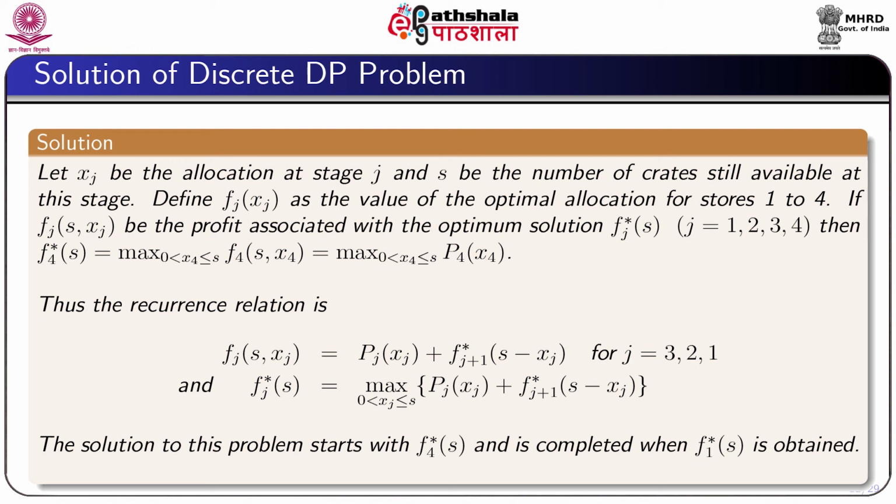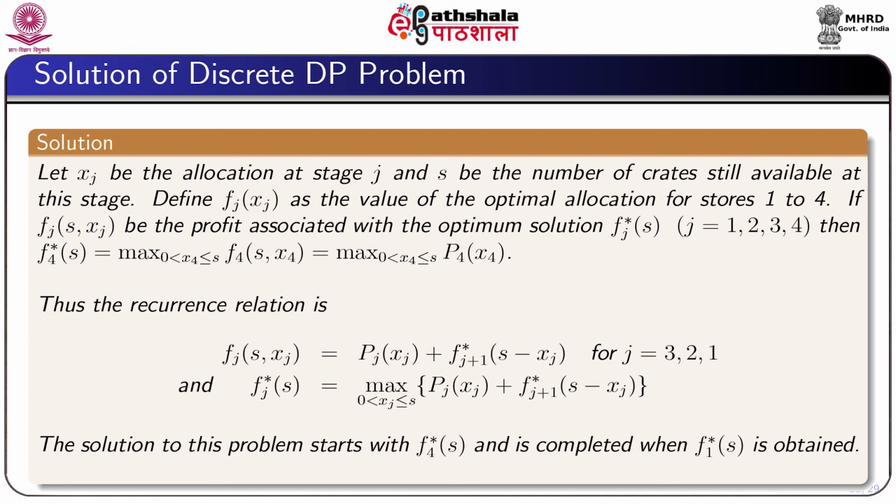If f_j(s, x_j) is the profit associated with the optimum solution f_j star(s), then f_4 star(s) equals the maximum of f_4(s, x_4), where x_4 takes values between 0 and s, which is nothing but the maximum of P_4(x_4).